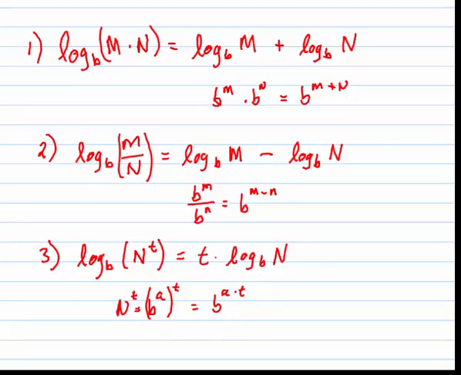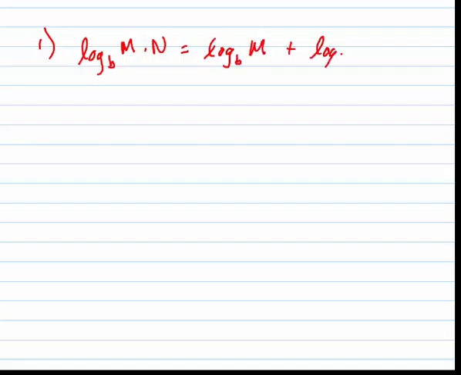But let's prove one. The first one was log base b of m times n is equal to log base b of m plus log base b of n. So let's actually prove it. It's kind of cool.